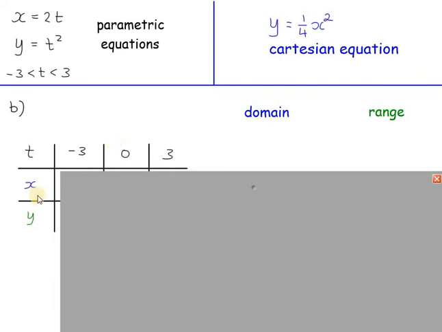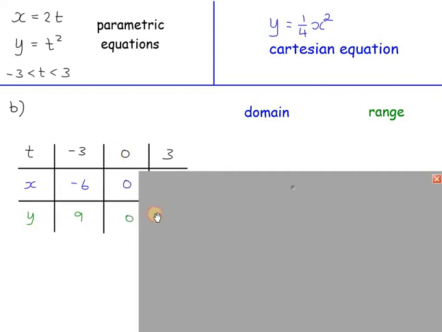We calculate x for these values of t. For instance, when t is -3, x is 2 times -3, so -6, and y will be -3 squared, so we have 9. Then we do the same again with t equals 0 and t equals 3.